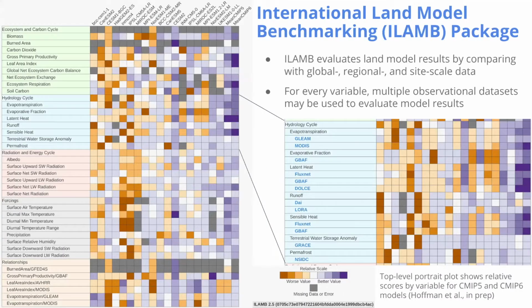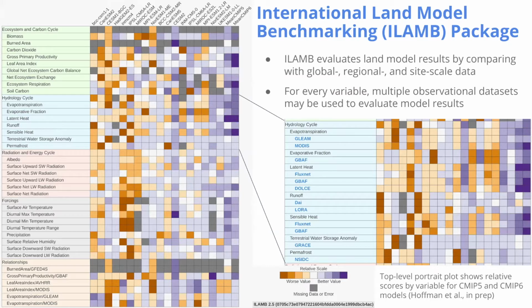This effort centers around the ILAMB package, the International Land Model Benchmarking package, which we've developed through a DOE, Department of Energy, funded activity to evaluate models. What you see here is a whole suite of variables down the left-hand side in the figure, and a whole bunch of models across the top.